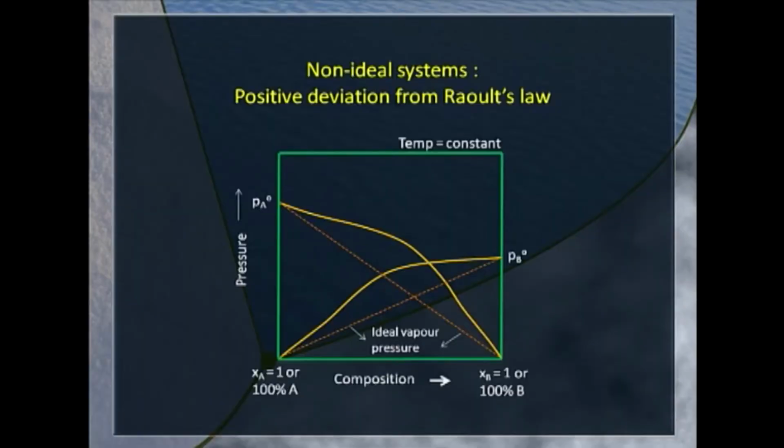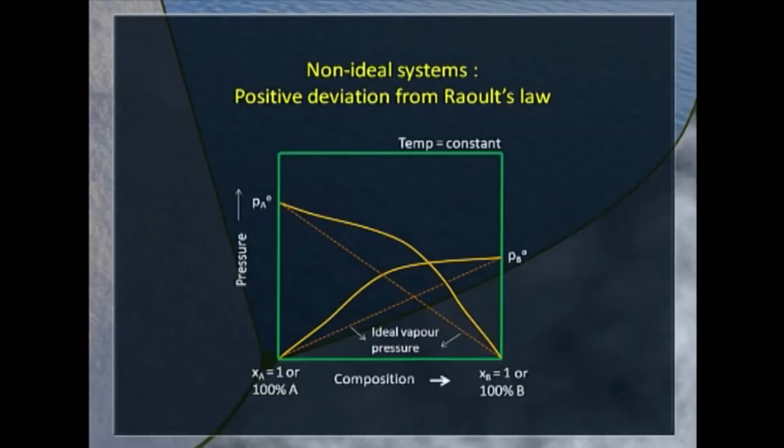Now, here it needs an explanation. Why do liquids show positive deviation? It depends on the interaction between the molecules. If the interaction between the molecules of the same type, that is A and A, is stronger than between A and B, it is likely that B may not find place in the liquid state.